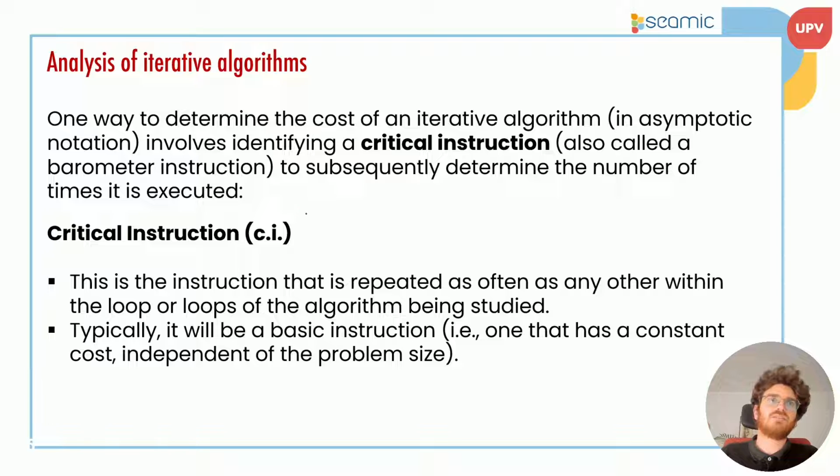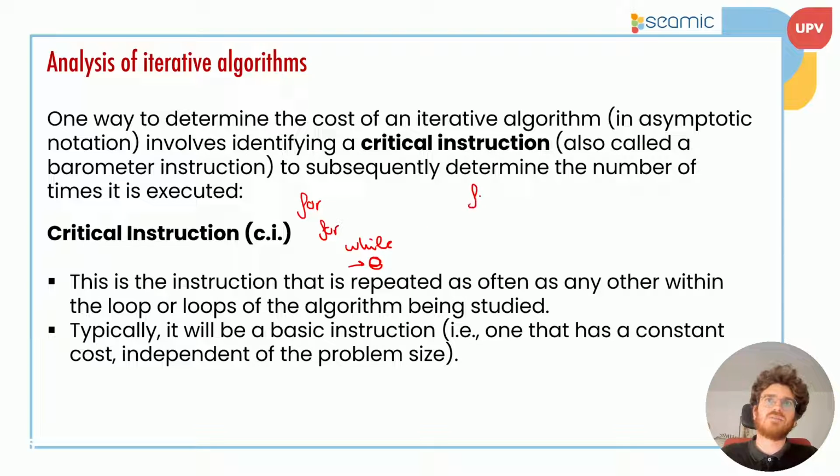That means that we need to find the instruction that is repeated as often as any other instruction, or that is repeated the most. If we have a series of loops nested in each other, then any instruction that appears in here would be valid.